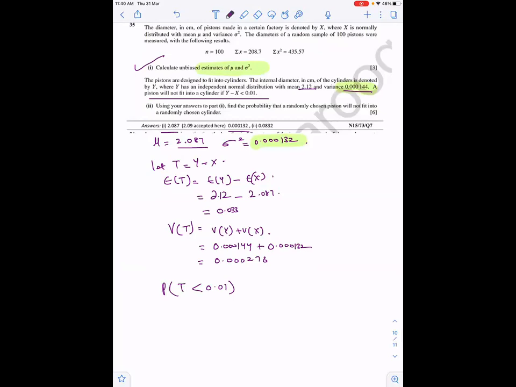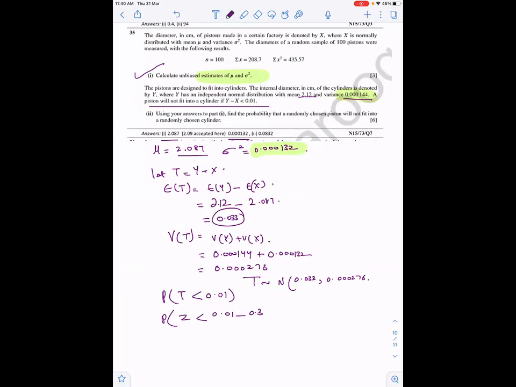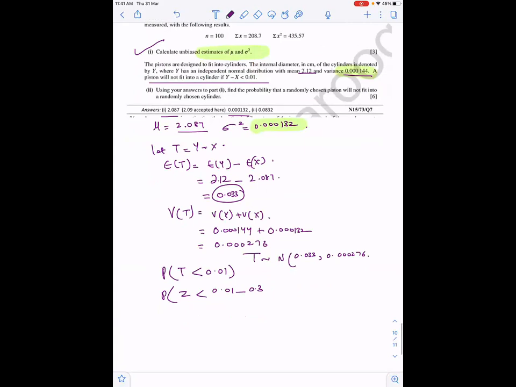Okay, so you will change it into Z. बल्कि आप यहाँ लिख सकते हो T has a normal distribution with mean 0.033, variance 0.000276. So mean is 0.033 upon the square root of the variance, 0.000276.